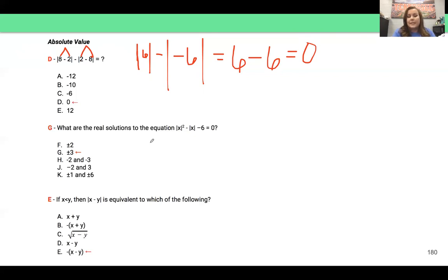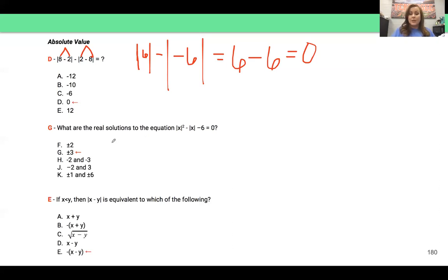You could set this equal to 0, and you could factor it into the absolute value of x minus 3 equals 0, and then the absolute value of x plus 2 equals 0. But the problem is then you got to plug them all back in. That's just going to kind of tell you your answers are 2 or 3. But 2 ends up not working. When it's absolute value, you got to kind of test them. So that's not a good approach to this.